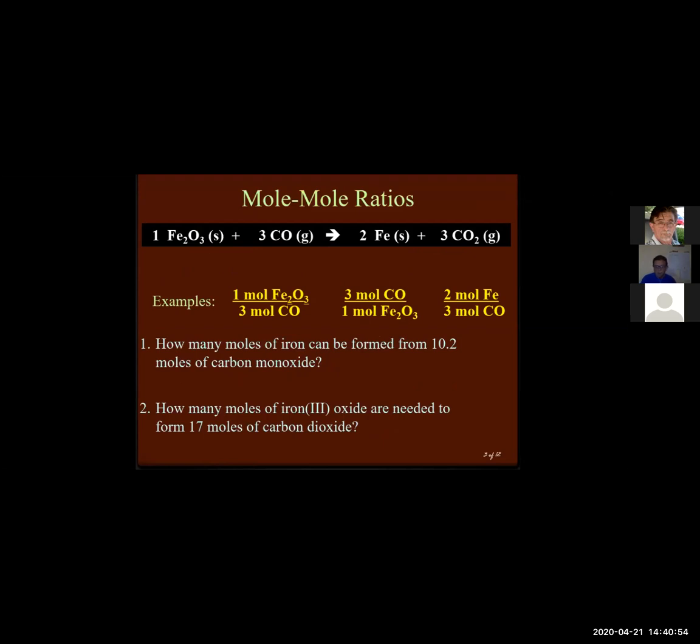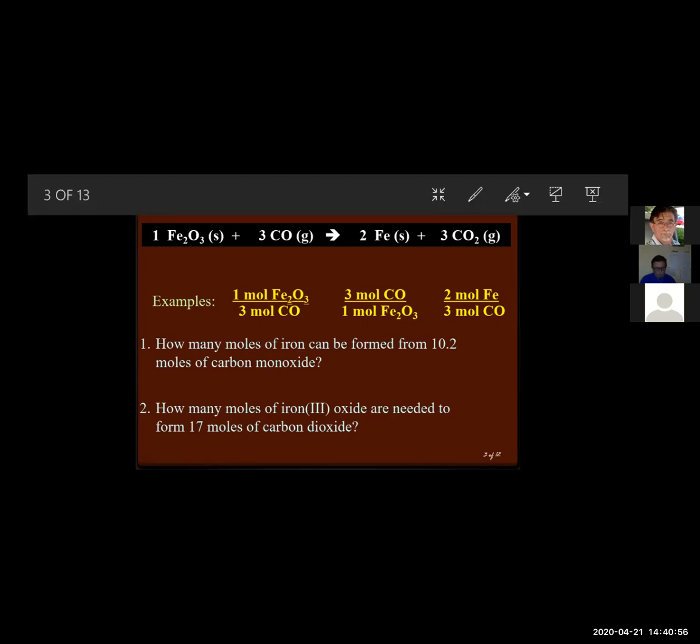So the mole ratio between carbon monoxide and iron 3 oxide can be written in this manner, where we got iron 3 oxide in the numerator and carbon monoxide in the denominator. Or we can just simply invert it, where you got carbon monoxide on top in the numerator and iron 3 oxide in the bottom, okay?